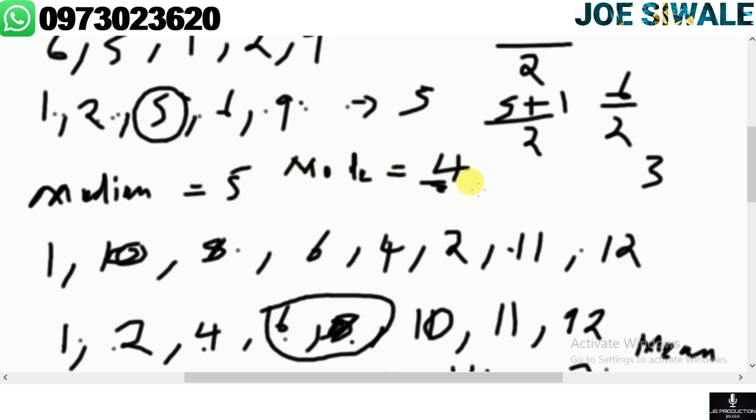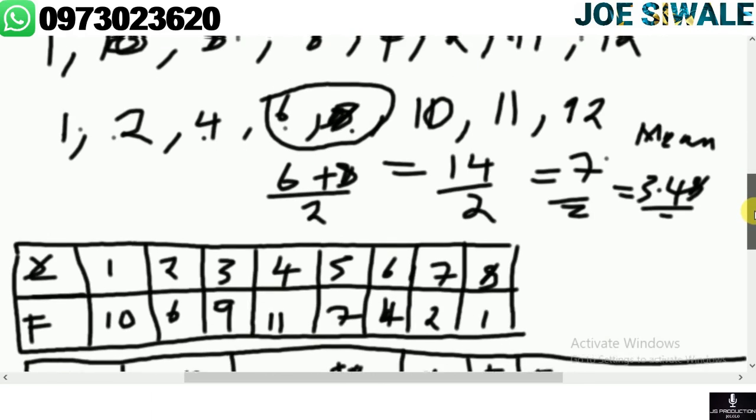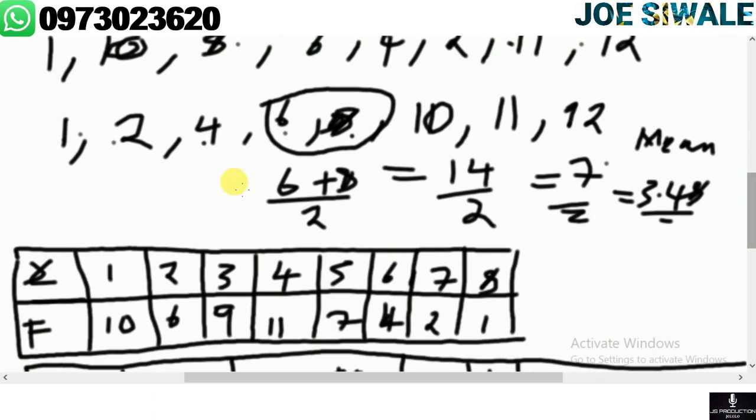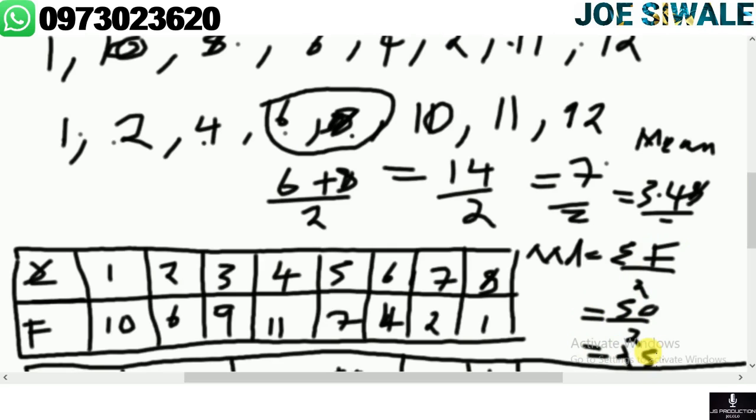Now let us find our median. The median is found by using this formula: MD is equal to the summation of the frequency divided by 2. So the summation there is 50 divided by 2, and the answer is 25.